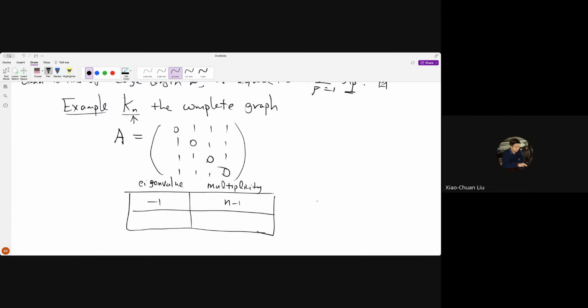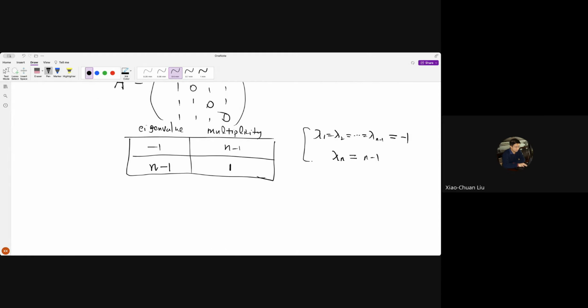So it means lambda 1 equals lambda 2 equals until lambda n-1, every one is -1. There are n-1 copies, so the multiplicity of the eigenvalue -1 is n-1. And there is another eigenvalue n-1, which has multiplicity 1. So the final eigenvalue is n-1.